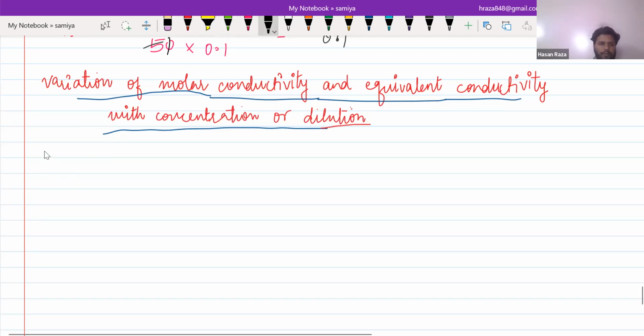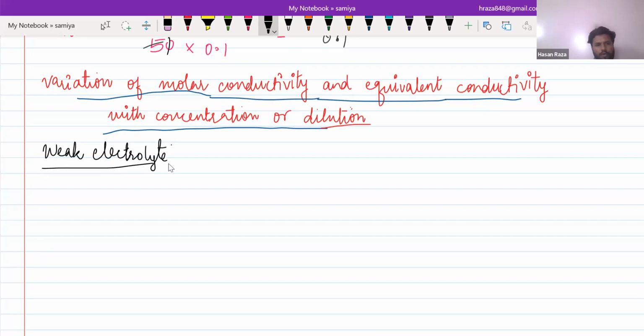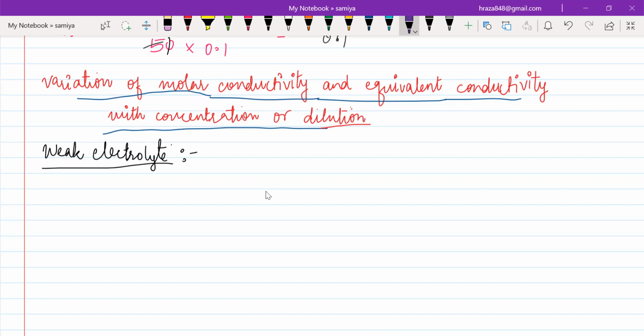So if we are going for weak electrolyte, do you know what is weak electrolyte? As I already told you in the previous class, that means an electrolyte which is partially dissociated. That electrolyte is called weak electrolyte. Okay. Is that clear, Samia? Yes, sir.